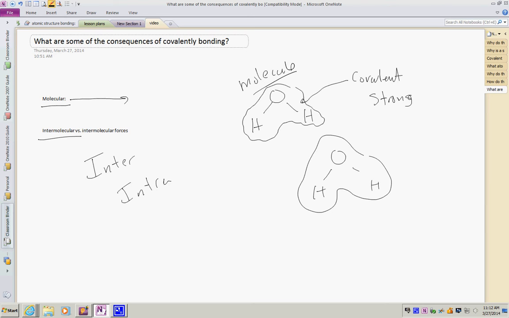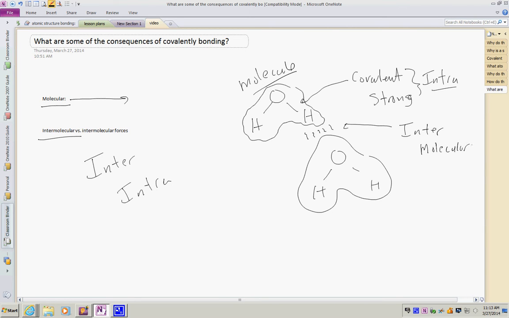This covalent bond would be called an intra, within the molecule. Yet we get these little forces between the two, which we refer to as an intermolecular bond, sometimes referred to as IMF, intermolecular forces.